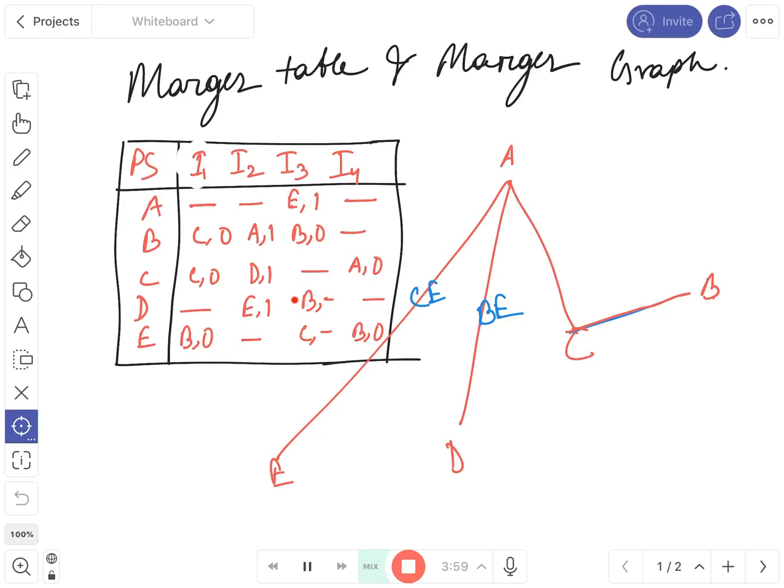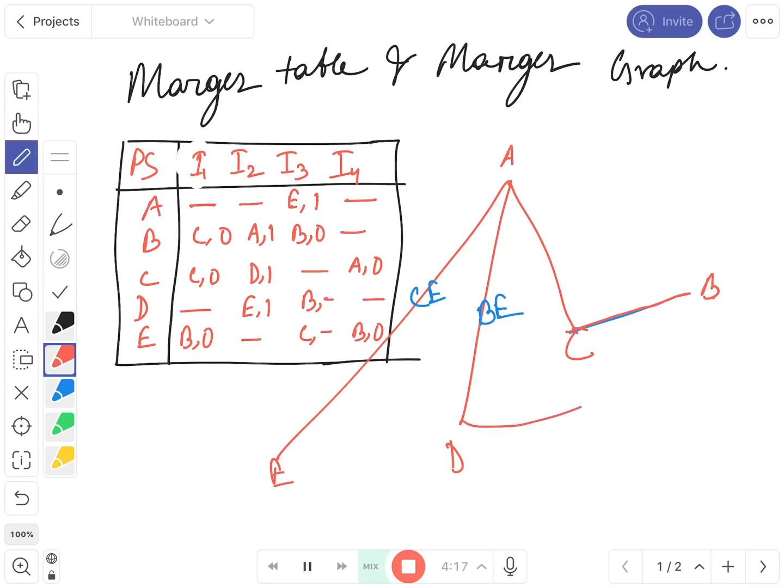So BD is compatible, and it has one implied state, that is AE. So I have to check the compatibility for AE. As AE has a straight line, AE is also compatible. So I draw a line from B to D, with AE as its implied state.